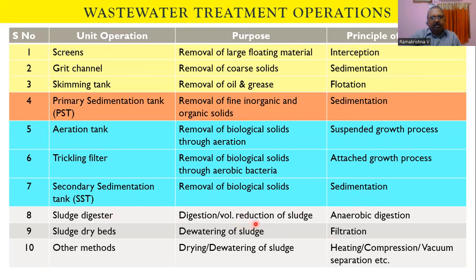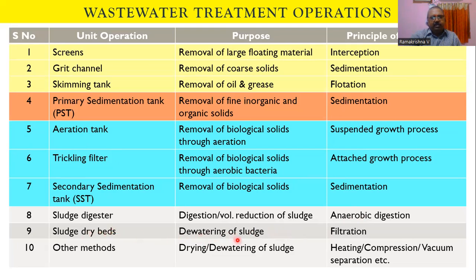So the objective is to reduce the moisture content, and because of that, we have a number of options. One method is called anaerobic digestion, a mechanism for sludge digesters. The output of anaerobic digestion is carbon dioxide and methane, where methane can be used for household purposes like heating and cooking because methane has a high calorific value.